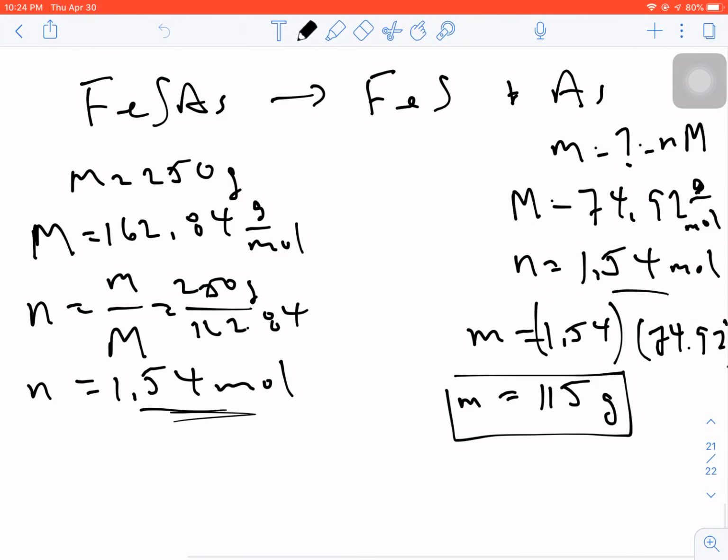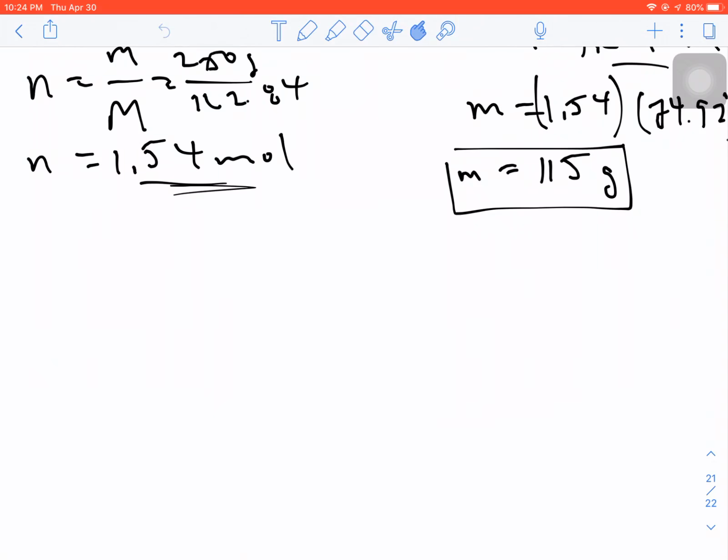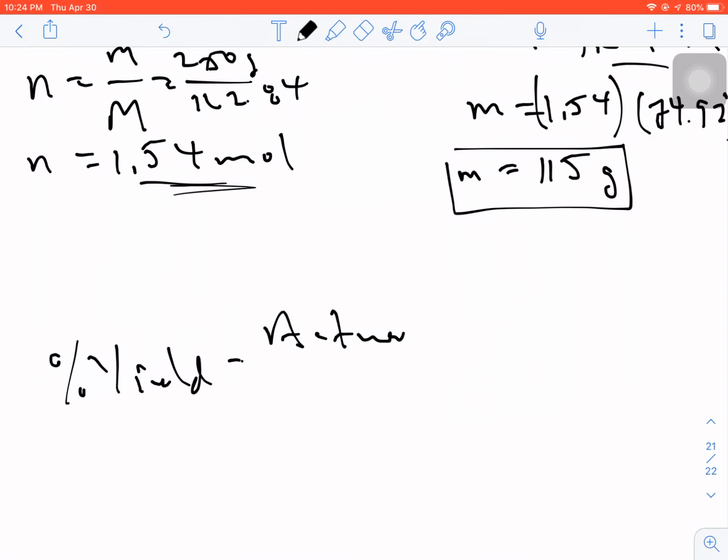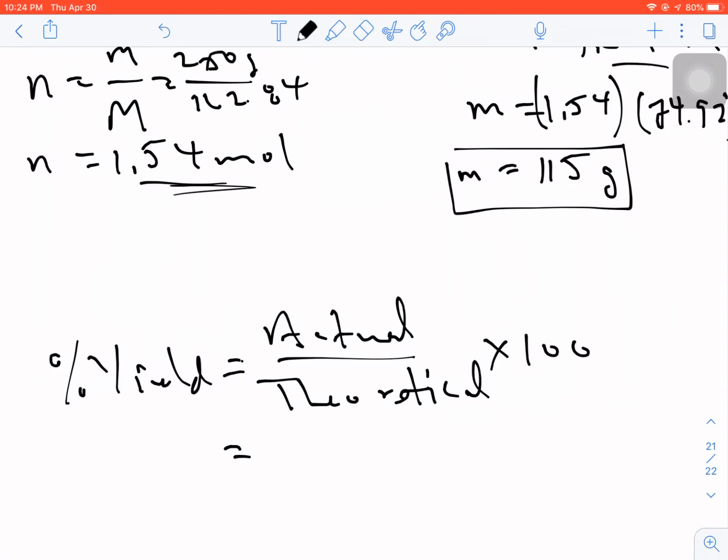So now I want to calculate my percent yield. To calculate my percent yield, it's my actual recovered amount divided by my calculated amount, the theoretical amount that we just did on this page a moment ago, times 100. Okay, so my actual yield was 93 grams.